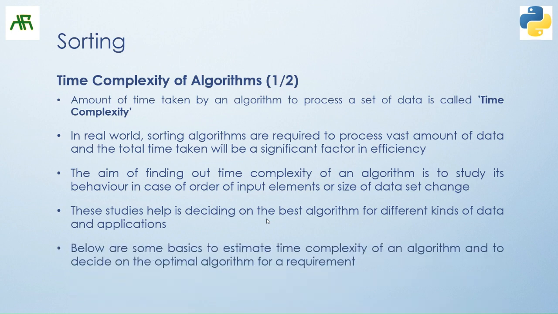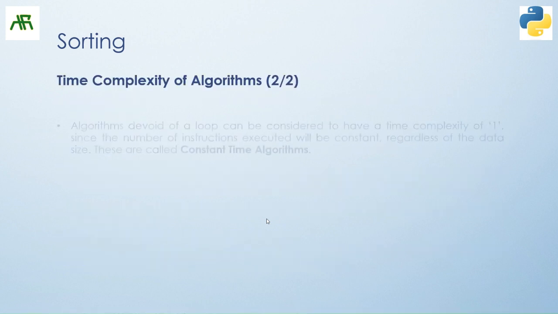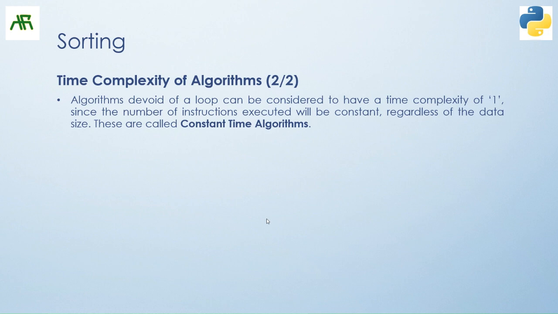These are some basics to estimate the time complexity of an algorithm. Let's look at some of them. Algorithms not having a loop can be considered to have a time complexity of 1. So you have a set of instructions, but there is no loop. They're executed just once, and those instructions are constant.